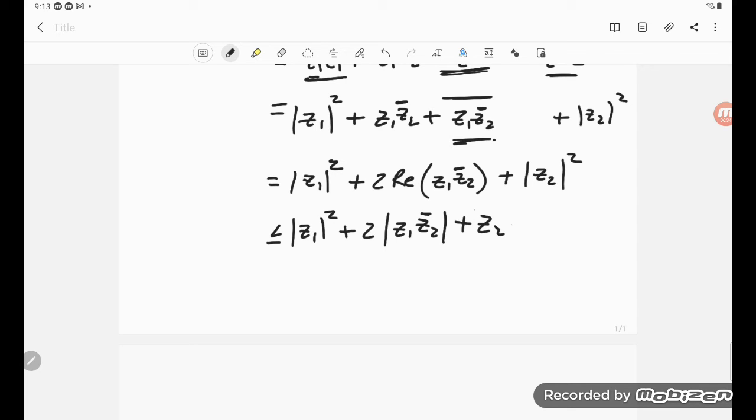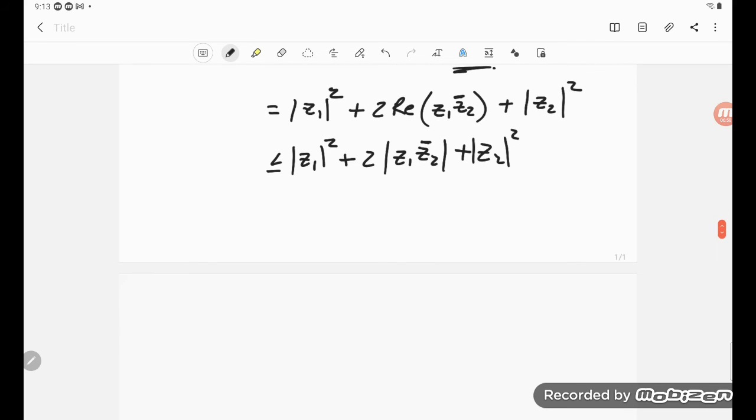Because again, the real part is just the x, but since the magnitude is the square root of x squared plus y squared, you're adding in that y squared, so the real part has to be no bigger than the absolute value of the whole thing.